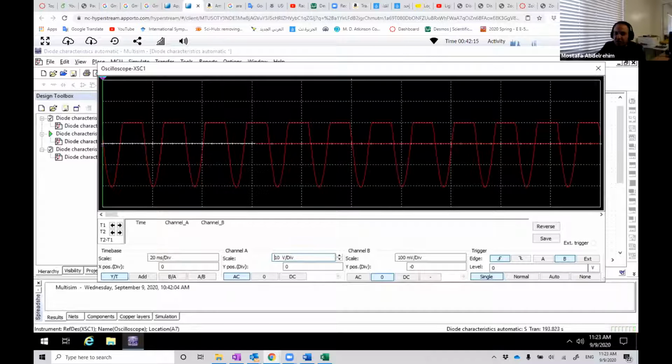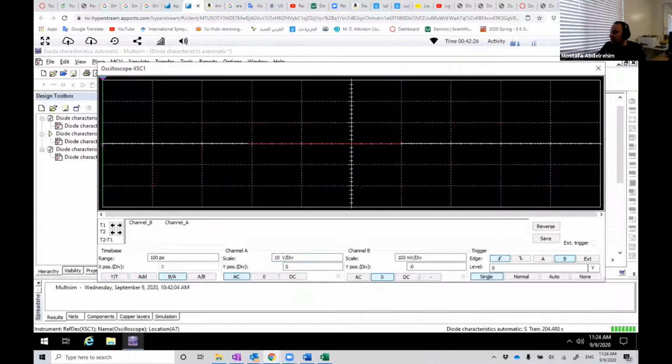This is a very famous application of the diode, which is clipping. But this is not our topic now. We are interested in drawing B with A. So I will just let that go.